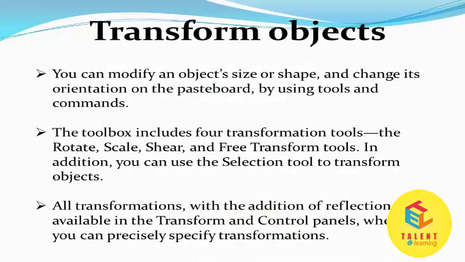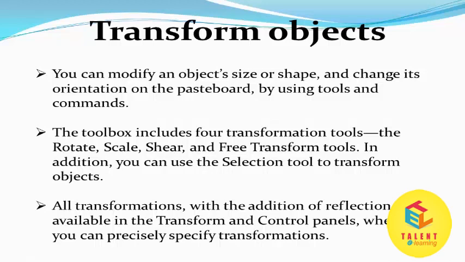You can modify an object's size or shape and change its orientation on the pasteboard by using tools and commands. The toolbox includes 4 transformation tools: the Rotate, Scale, Shear, and Free Transform tools. In addition, you can use the Selection tool to transform objects.